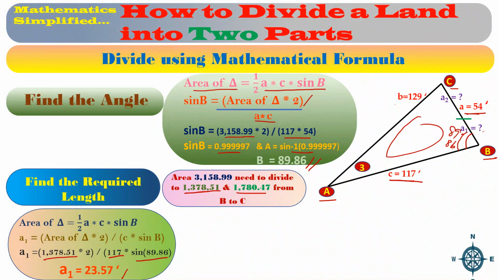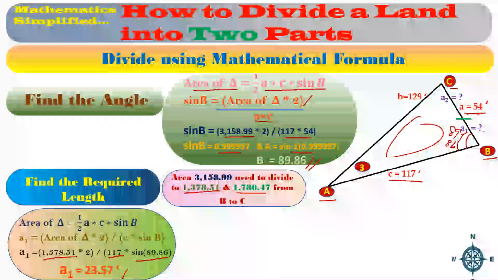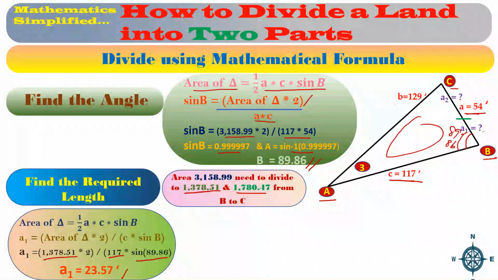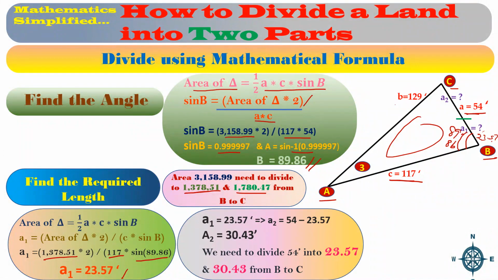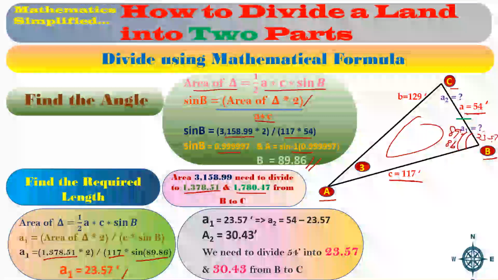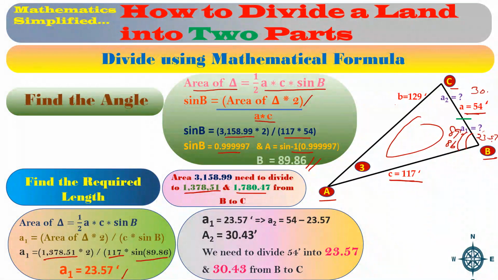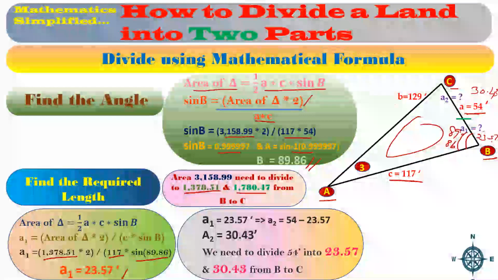So this side, A1, equals 23.57. Next, 54 minus 23.57 gives us A2, so A2 equals 30.43. So we got it.